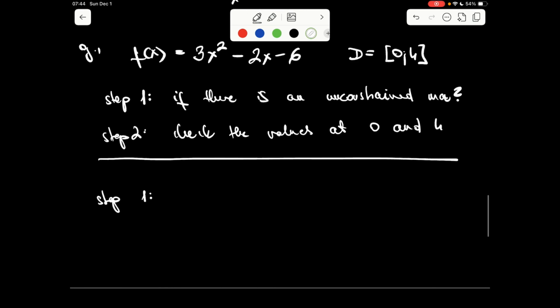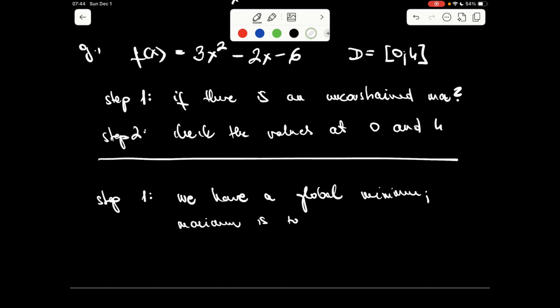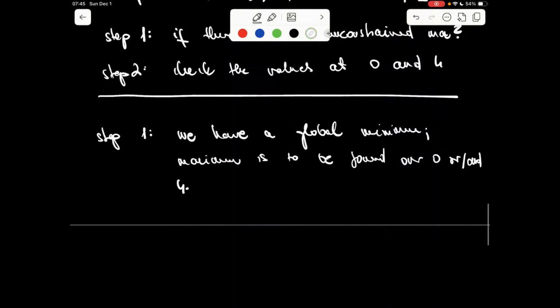So in step 1, we can conclude that we have a global minimum, and the maximum is to be found over 0 or 4, or 0 and 4. We don't know yet.